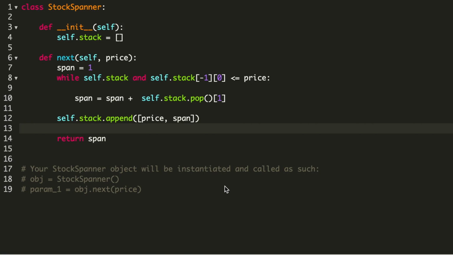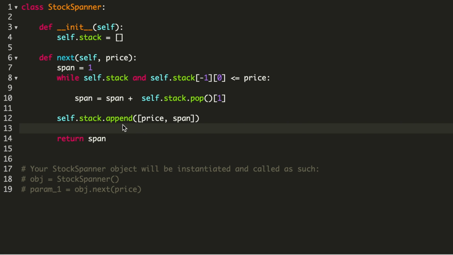Let's look at code. If you look at line number 4, I have taken an empty stack. And if you look at line number 7, I have taken spend, which is initially equal to 1. And we have taken a while condition. Self-top stack, and when the price of previous day is less than or equal to price, then we are going to increase the value of spend and we are going to use that value of spend for that.